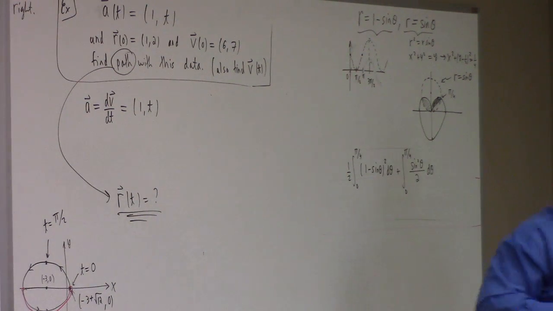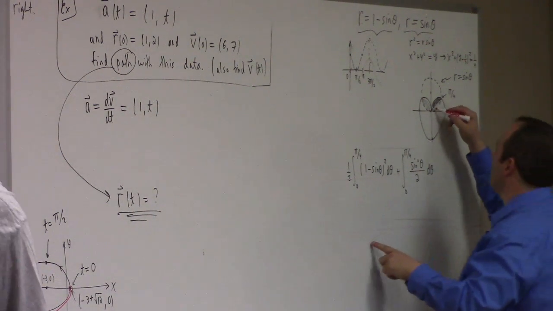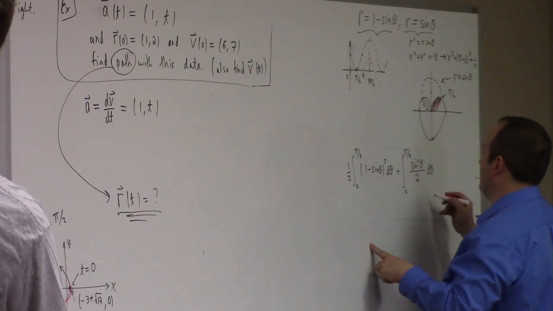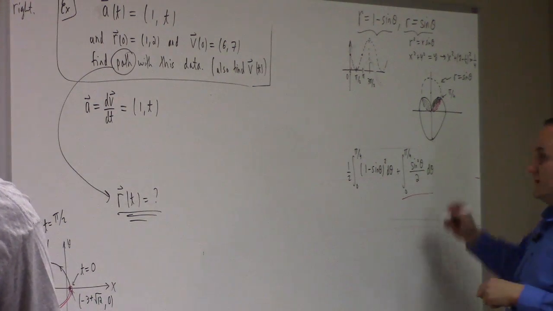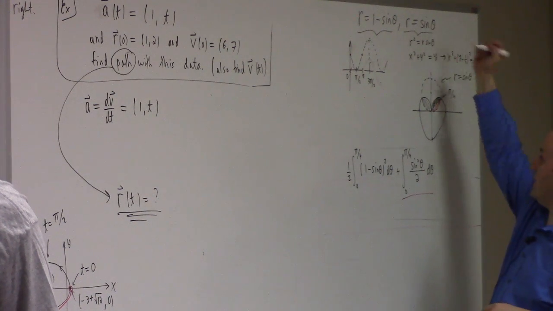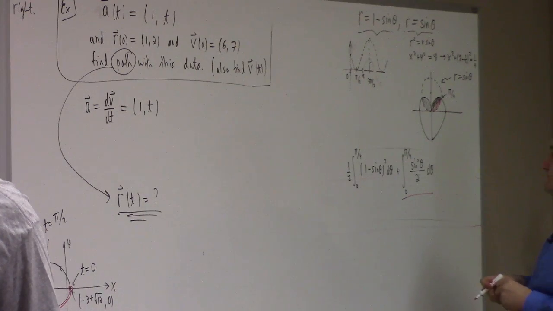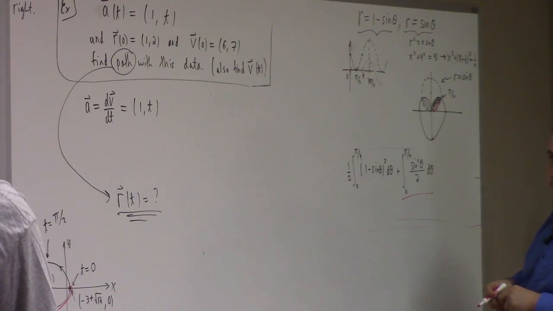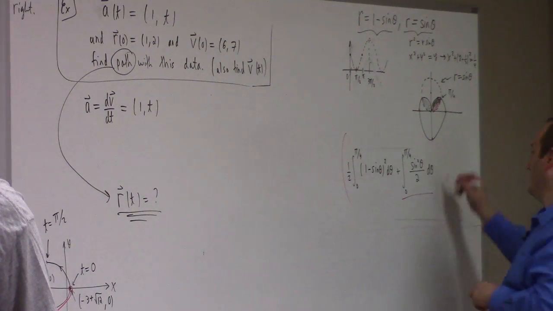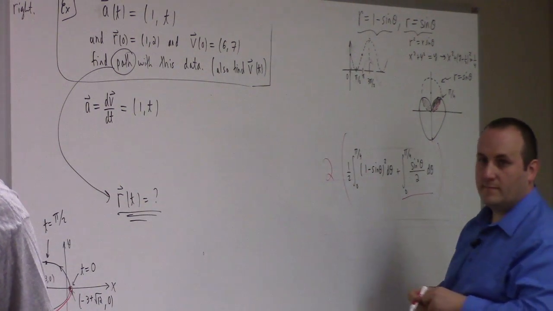That would give me this area, because the outer radius is given by that. And then I would argue by symmetry, you just double this personally. That's how I do it.